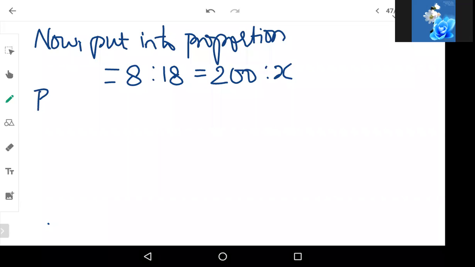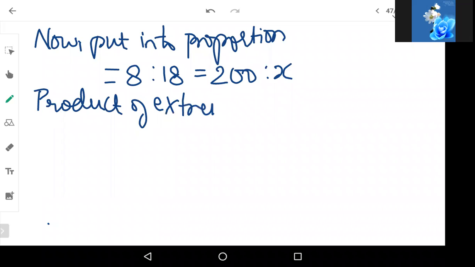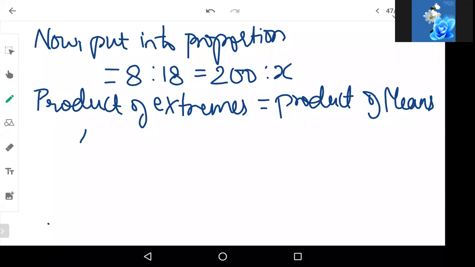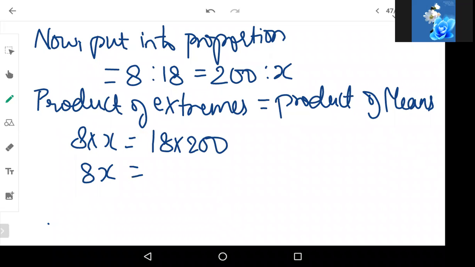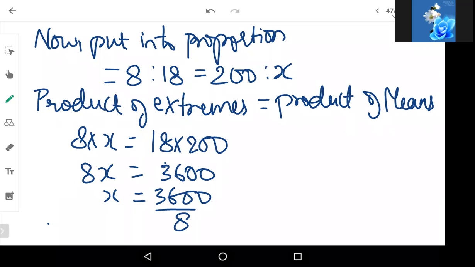So product of extremes is equal to product of means. So 8 into x is equal to 18 into 200. So 8x is equal to, how much do you get? 18 into 200 is 3600. So x is equal to 3600 by 8. So therefore x is equal to 450.